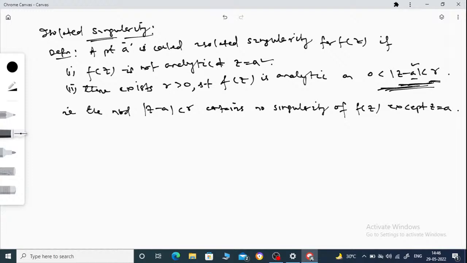Let's see an example. If my f of z is equal to z plus 1 divided by z square into z square plus 1, then it has three isolated singularities.